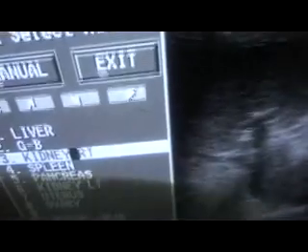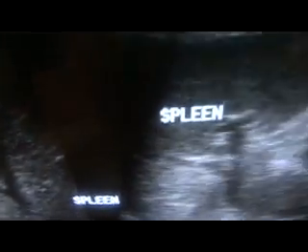Now compare the echogenicity of the two, the liver and the spleen. This is the spleen. This is the liver.